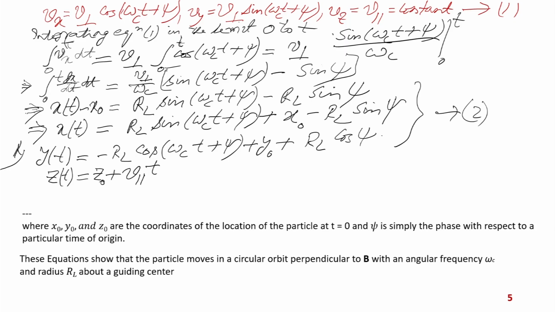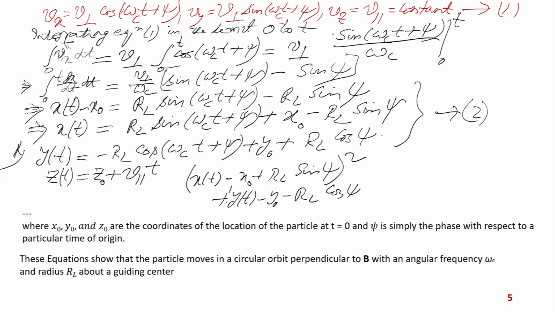This is the equation of a circle. What I mean to say is that if I take x of t minus x 0 plus R L sin psi, whole square, plus y of t minus y 0 minus R L cos psi, square, this gives me the equation of this circle.